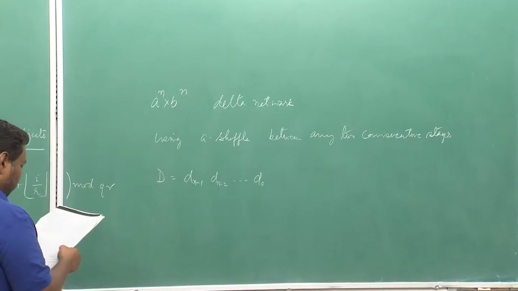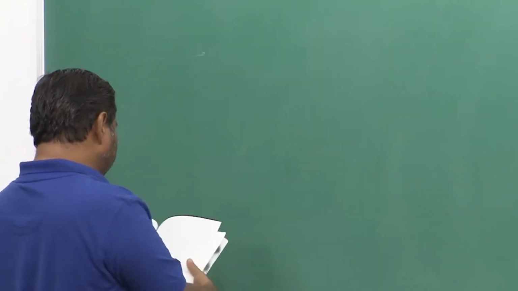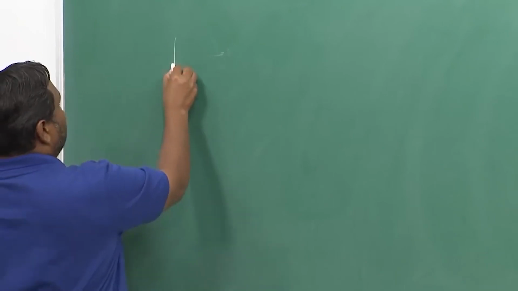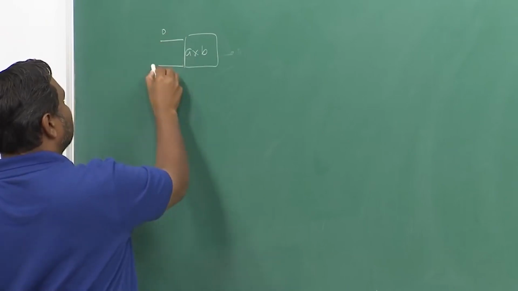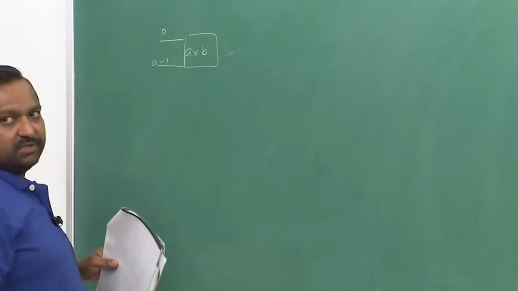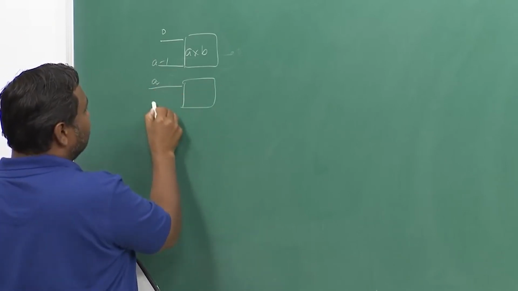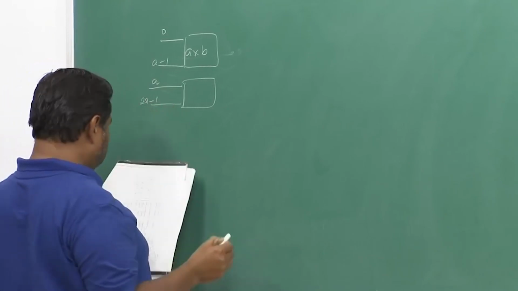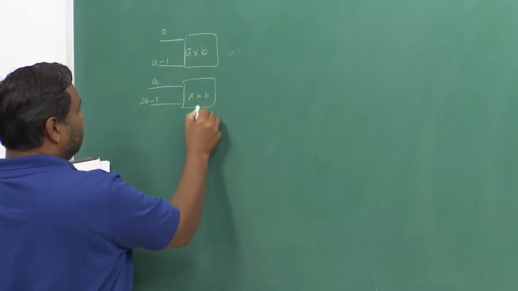So, let us see what we will be doing, and normally the way we will be representing this, these switches will be like this. I will have a by b, I will count from 0 to a minus 1, this is the first switch. The next one will be starting with a, this will go to 2a minus 1, again a by b switch.